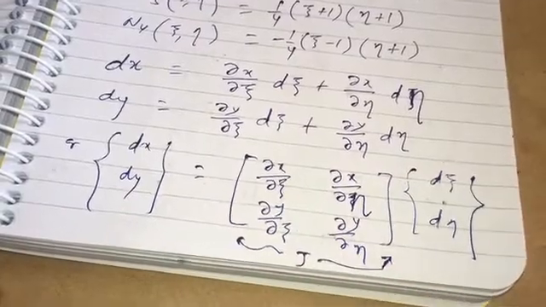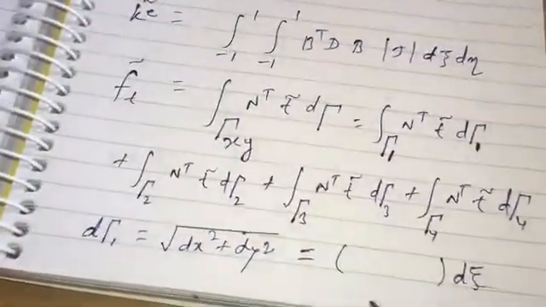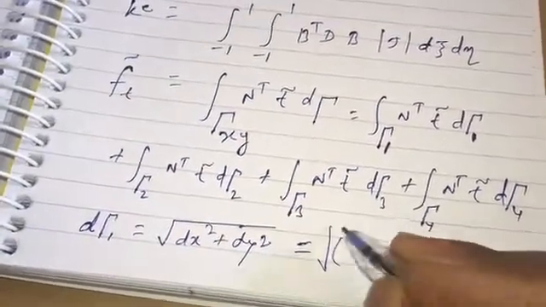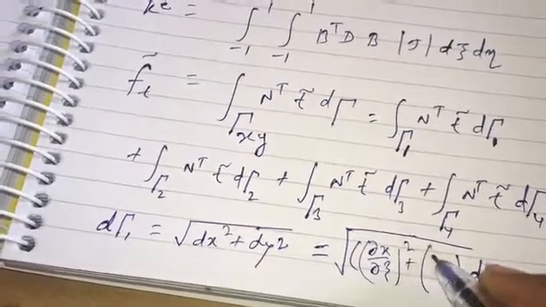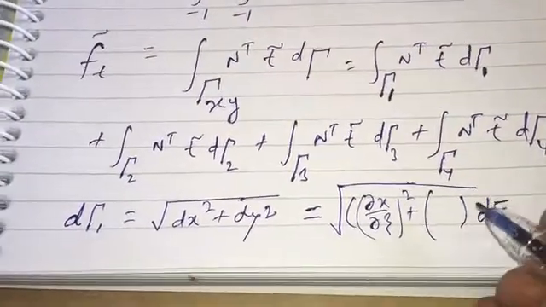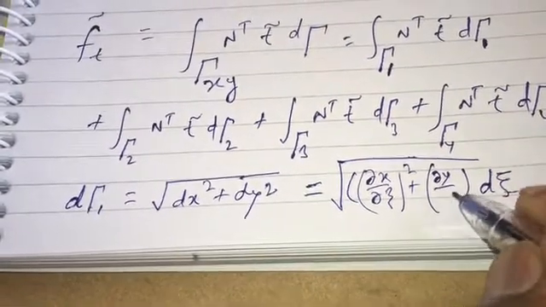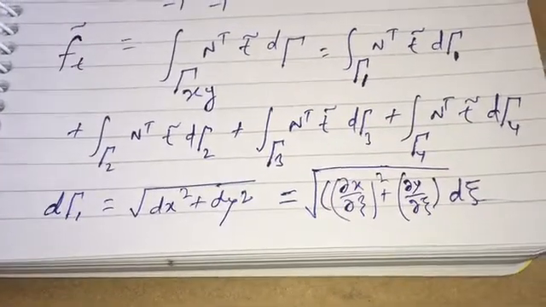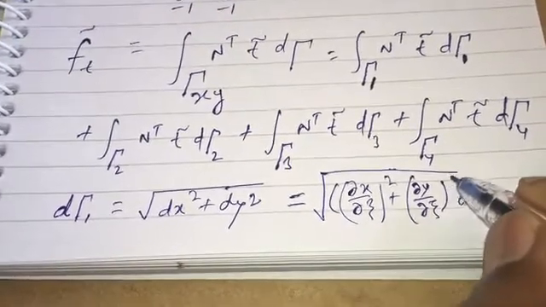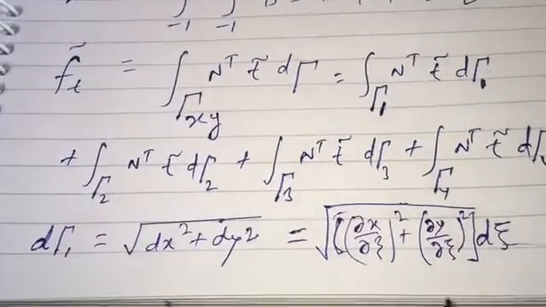So if we put the same values there, we will get the root under del x over del xi square plus del y over del xi square. Okay, so this is what we will get.